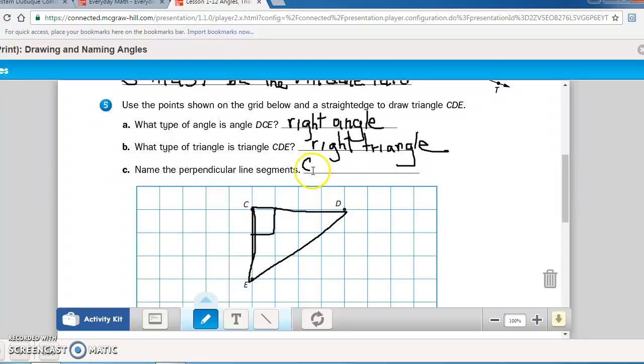Well, CD and CE. Remember, perpendicular, CE is one line of the right angle, and CD is the other. That's where the right angle symbol is, so that's our answer.